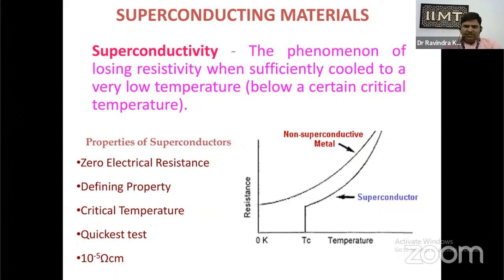You can see this graph between resistance and temperature. This is for the superconducting material, and you can see the difference between the superconductor and the non-superconducting material.